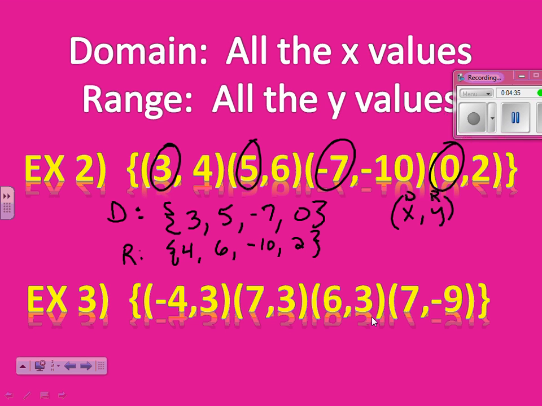Okay, so example 3, what would the domain be? -4, 7, 6. Do I need to say 7 twice? No. If it lists it twice, you don't need to list it twice. Okay? So what would the range be?